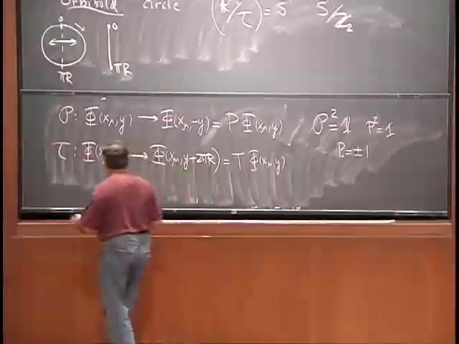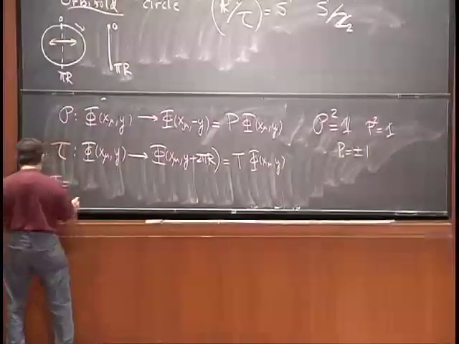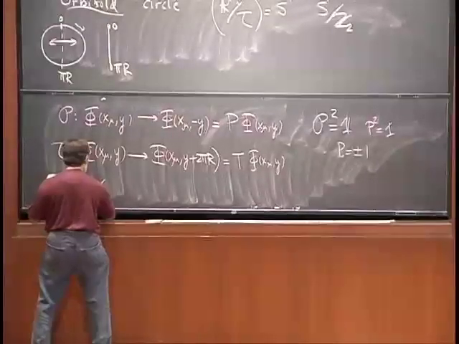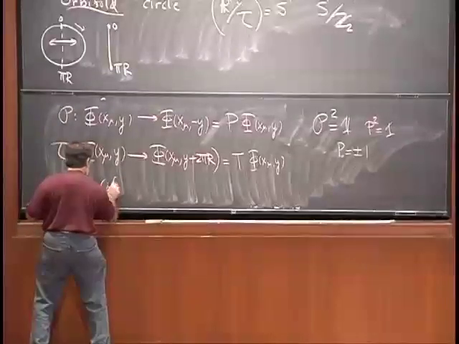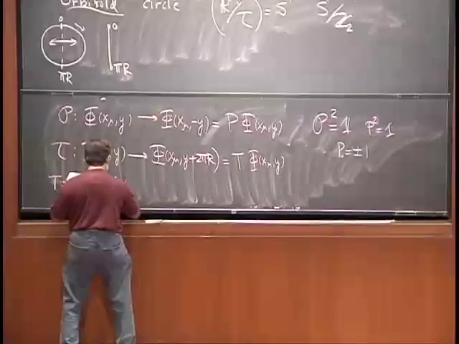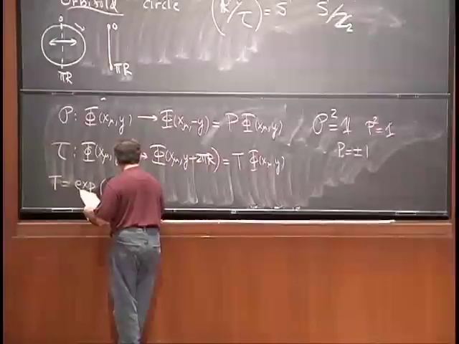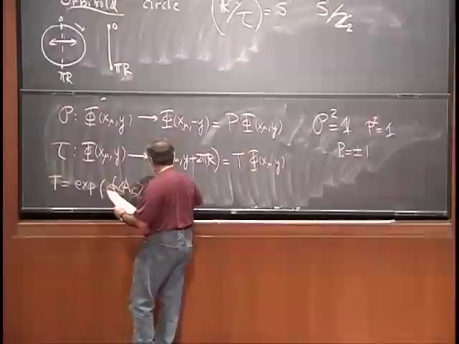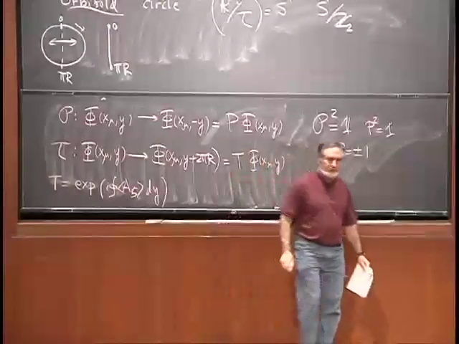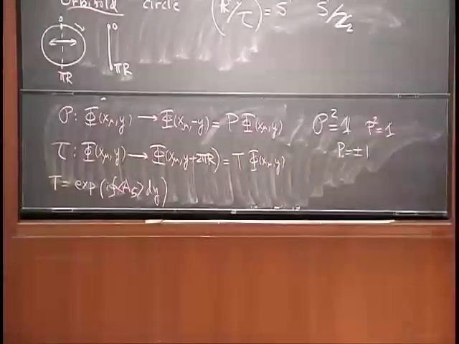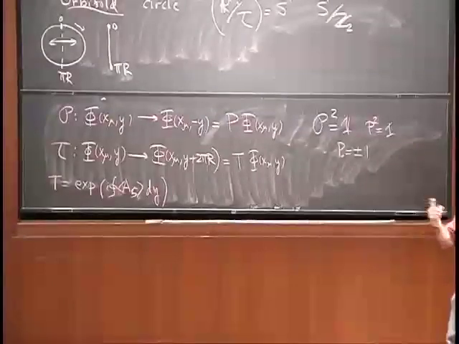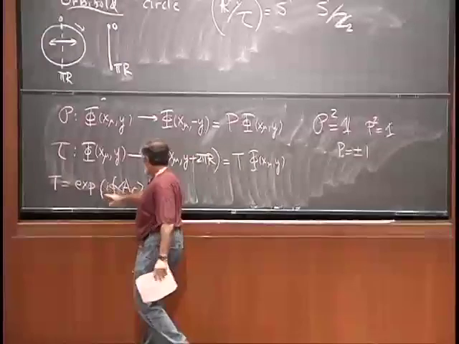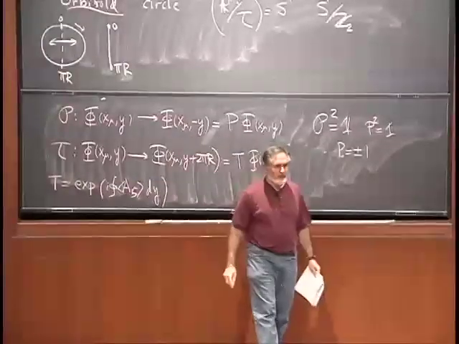That finite gauge transformation can quite generally be written in the following form as the exponential of i times the integral, say, A5, the component in the fifth direction of the gauge field, integrated dy. If I take it in, say, the third direction or the first direction, A5 in those directions will commute with itself, and I don't have to do any path ordering here. But in general, you might have to do path ordering.